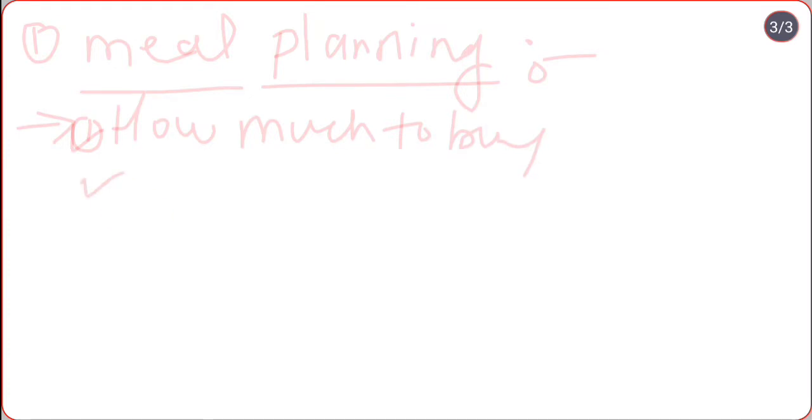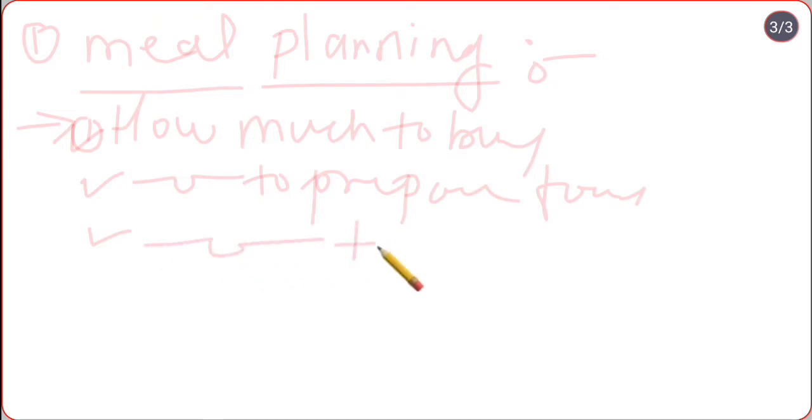Then next is how to prepare food. You must know how to prepare food. Then you must know how much to spend, how much time to spend.